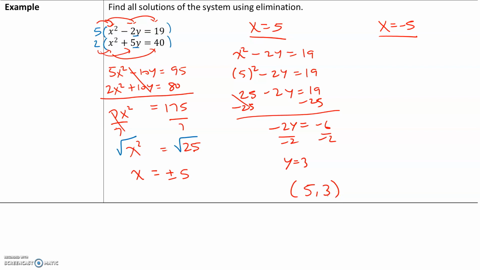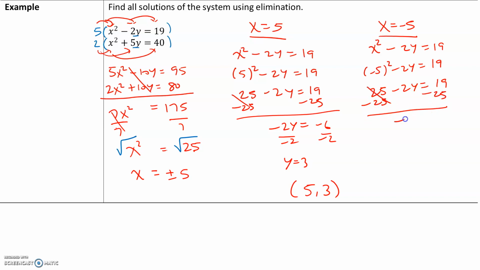Now what about when x equals negative 5? So again, I can use either equation. I'm going to use the first one. I have x squared minus 2y equals 19. My x is now negative 5, so I get negative 5 squared minus 2y equals 19. So this gives me 25 minus 2y equals 19. I move the 25 to the right, so I get negative 2y equals negative 6.